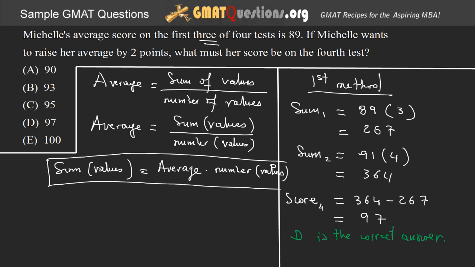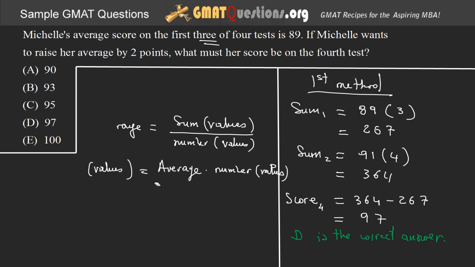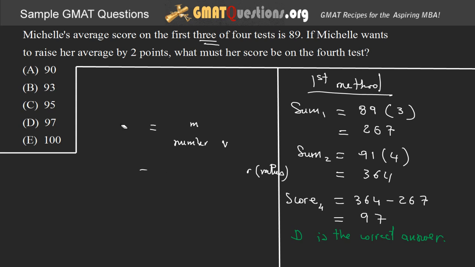Okay. Now I'm going to use a different method. What I'm going to do first is erase what is on the left side here. I don't want to erase everything, I just want to erase this part on the left side.